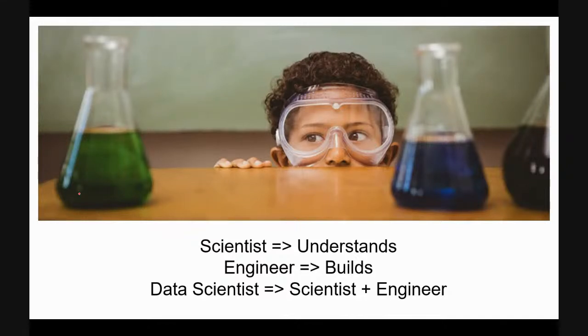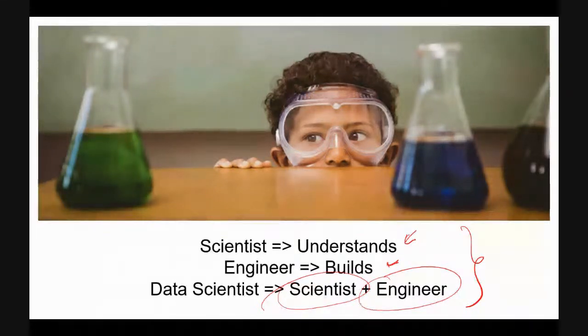But anyways, getting towards the conclusion, in data science we have to be a combination of scientist plus engineer. We have to build the solution, and we also have to understand what we are doing. It's not going to be a blind solution. We have to understand the maths part and the algorithm part.